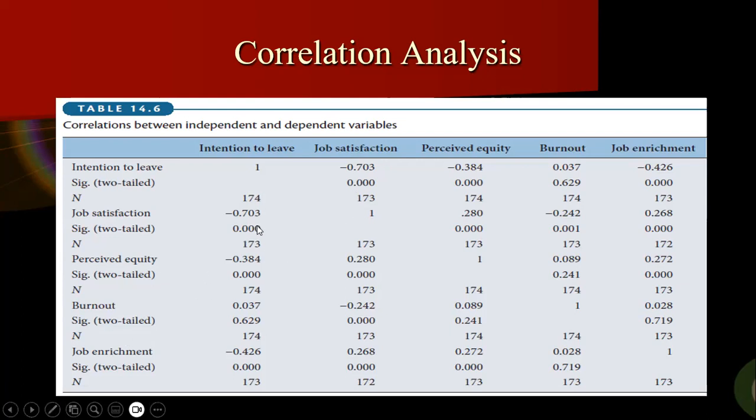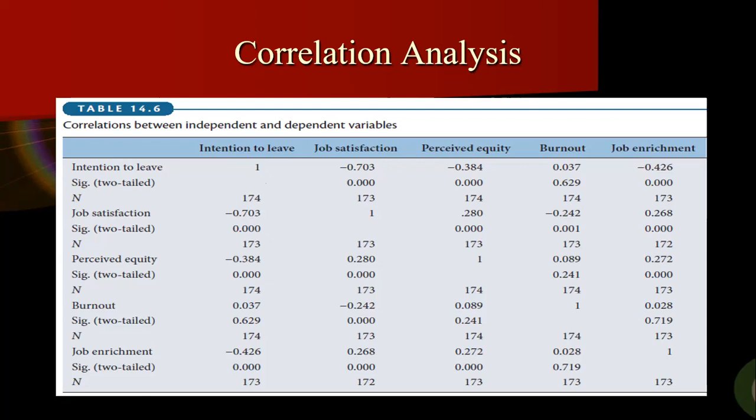The next thing which needs to be understood is the significance level. Like job satisfaction has negative relationship with the intention to leave, its significance value is 0.000. So when this probability is given, it is given to see whether this calculated result is statistically significant or not.